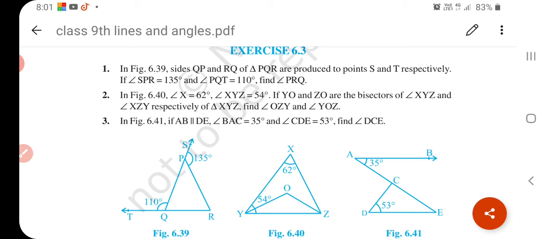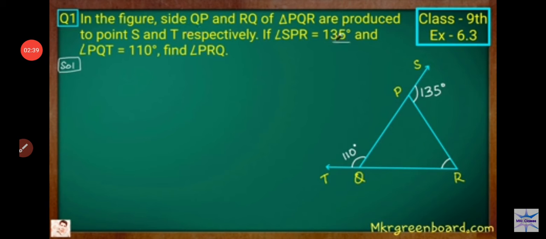Okay, let's do this question. Read question number one. If angle SPR is equal to 135 and angle PQT is equal to 110, find angle PQR. This is your rough figure. Always draw a rough diagram. Understand?